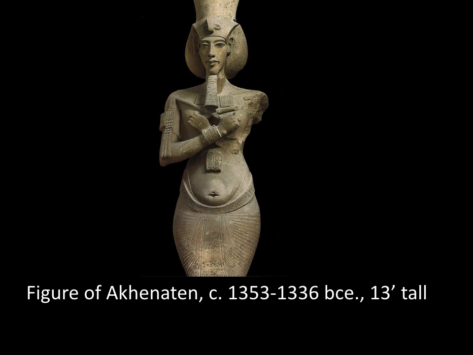He changes the art style, he changes the religion, he changes everything that we know about Egyptian artwork and Egyptian lifestyle. He goes from having all of these gods and goddesses to saying, no, no, no, there is only one God, and he is the sun god, and he produces rays of light, and this is who we are going to follow now.